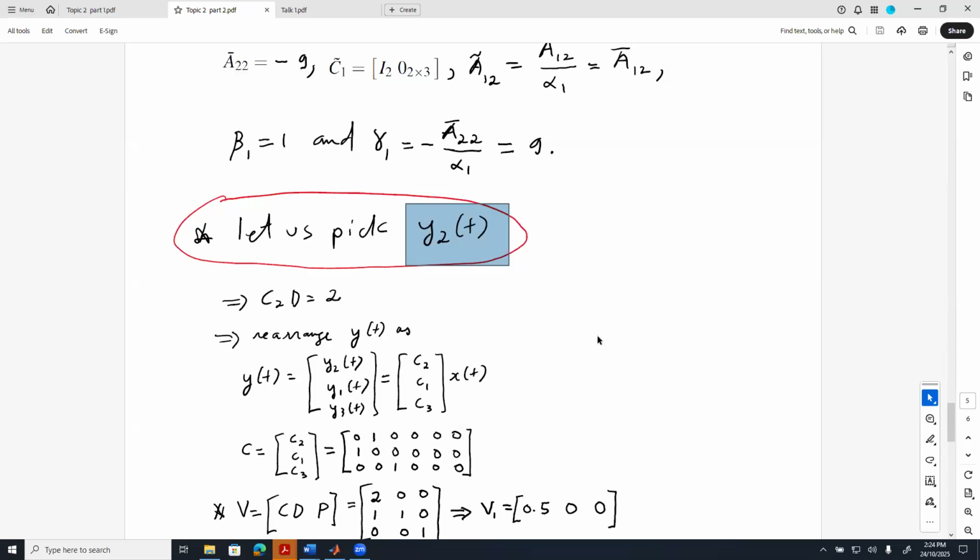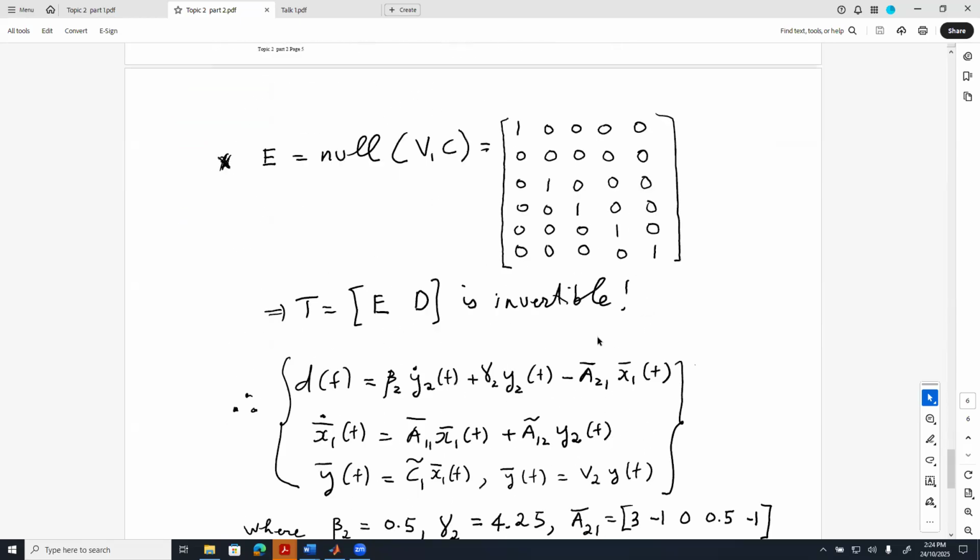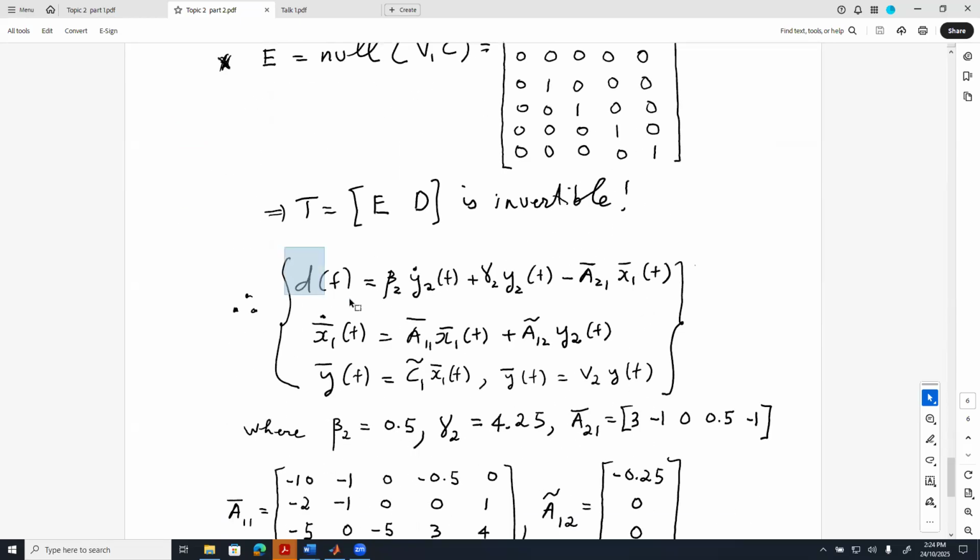And in the decomposition, we can express it in this form. And we then obtain a reduced order system of dimension n minus 1, which is a fifth order system, and it's in terms of the second output measurement.